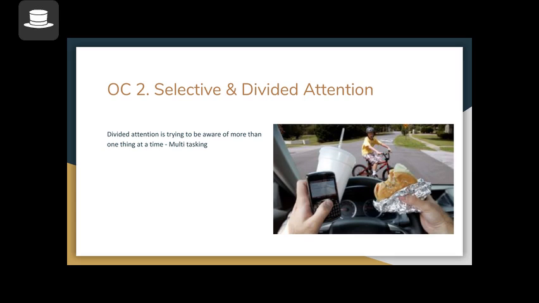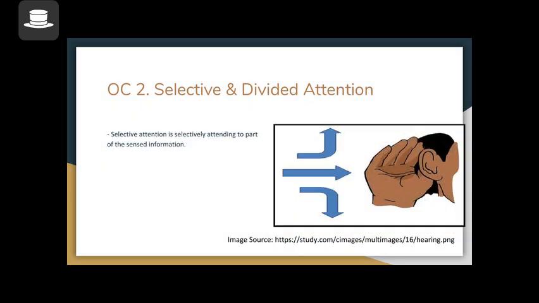So divided attention is dividing your resources, or trying to be aware of more than one thing at a time. Selective attention is the opposite in the sense that you're selectively attending to one thing and ignoring the rest of the information. Now you're listening to me, right? But if you pay attention, you'll also hear other sounds in this environment. Can you hear that? I don't know if you hear it. That's my niece and my daughter. They're playing outside.